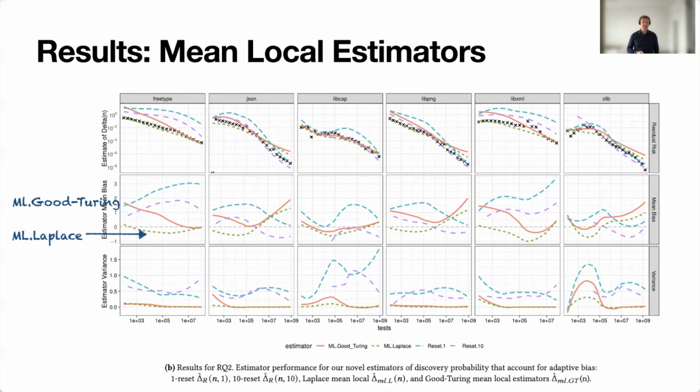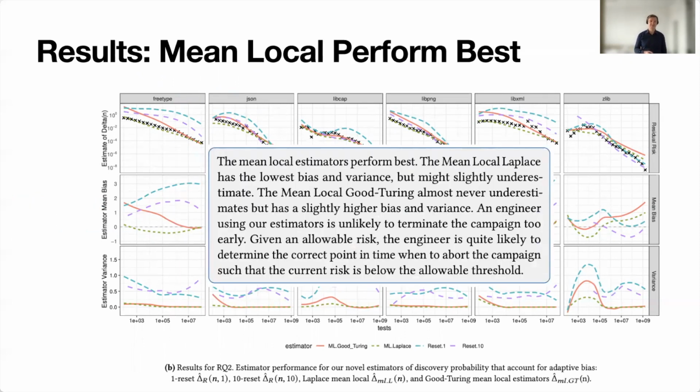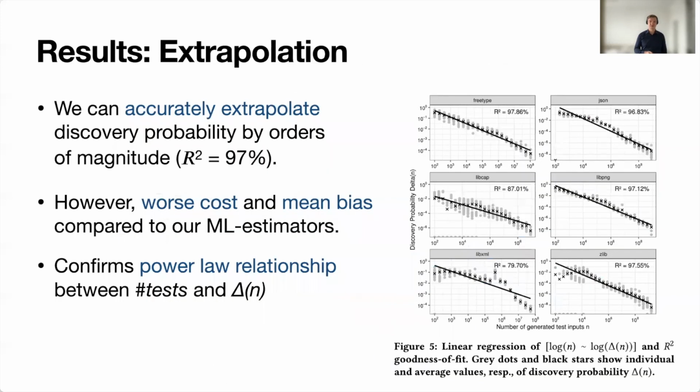But our mean local estimators perform a lot better. We're always within one order of magnitude away from the actual estimate. So our mean local estimators perform best. We also looked at extrapolation and find that discovery probability and the number of generated test inputs exist within a power law relationship.